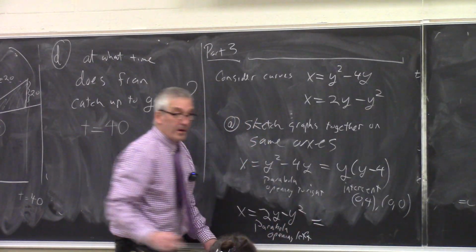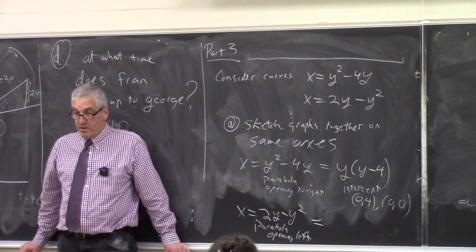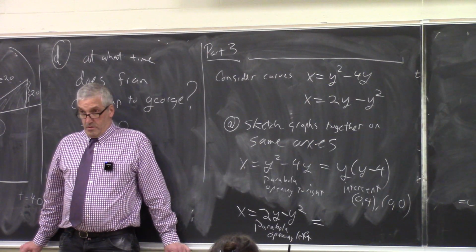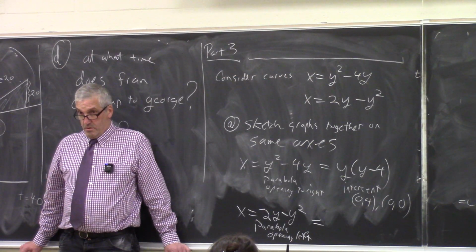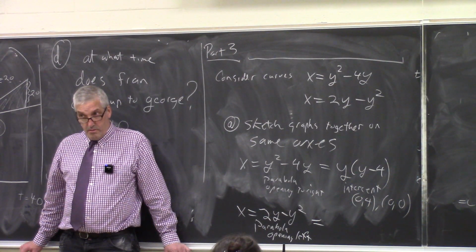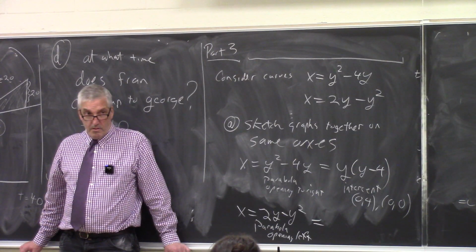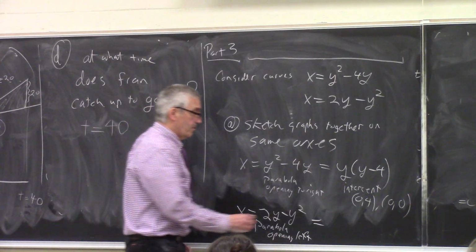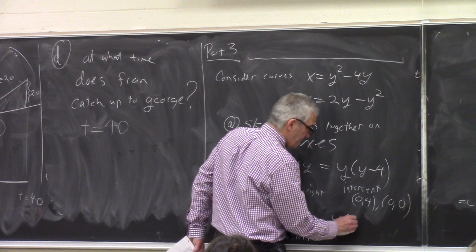Now, what else can you tell me about that parabola? Well, if I factor it, what's the factored form? Ian? y times 2 minus y. Yeah, y times 2 minus y.